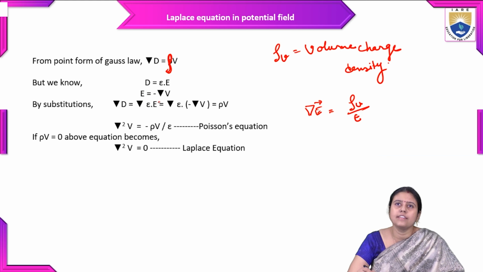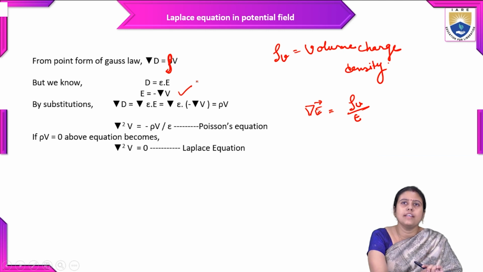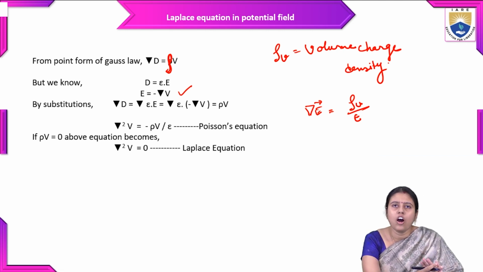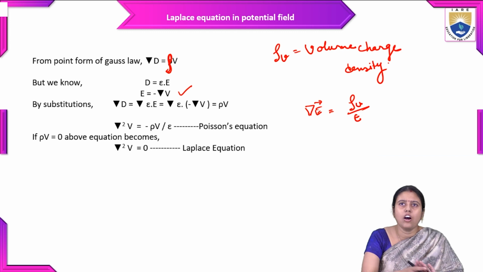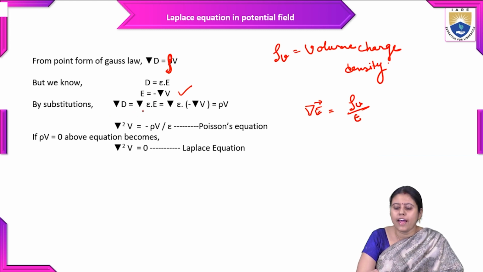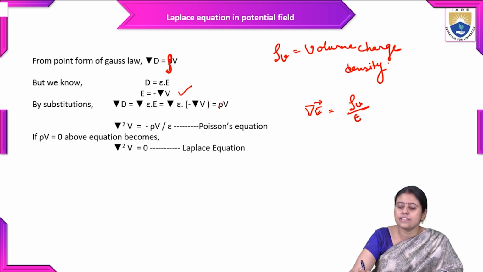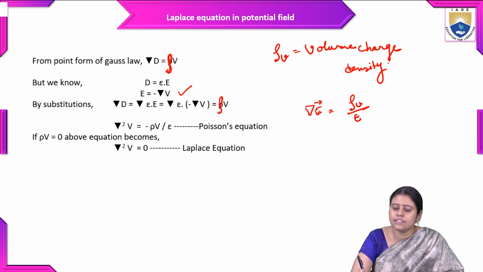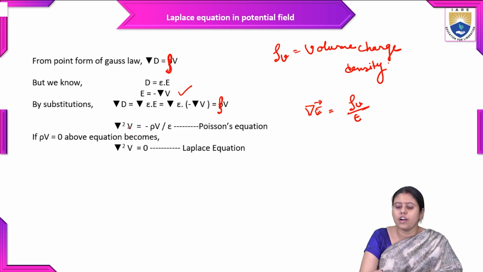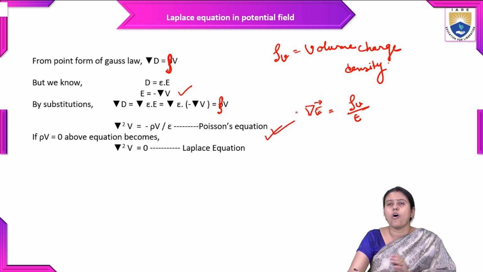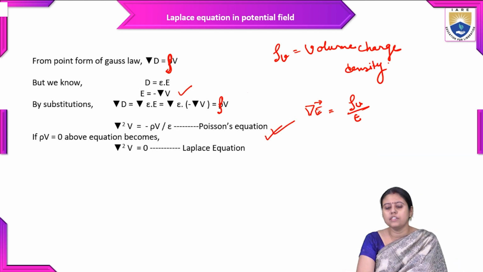According to the definition, E is equal to minus grad of V. So grad of epsilon E is equal to minus epsilon grad squared V, and this is nothing but rho v. So grad squared V is equal to minus rho v by epsilon, and this is the Poisson's equation.